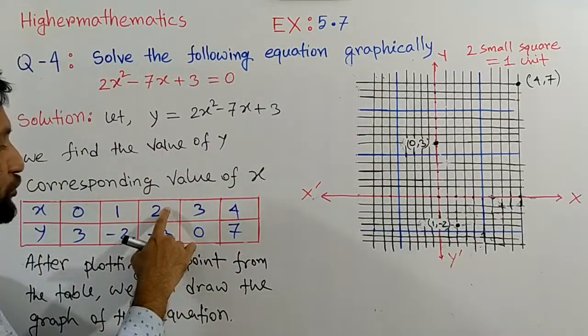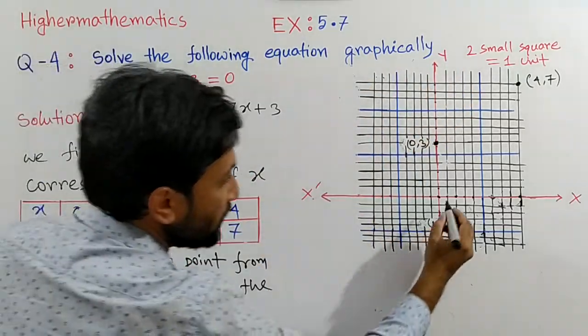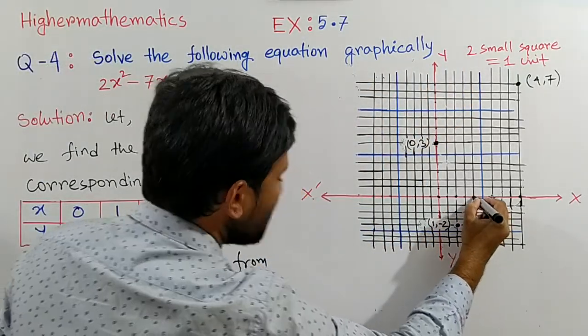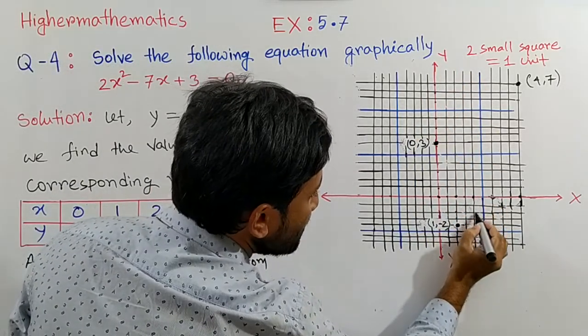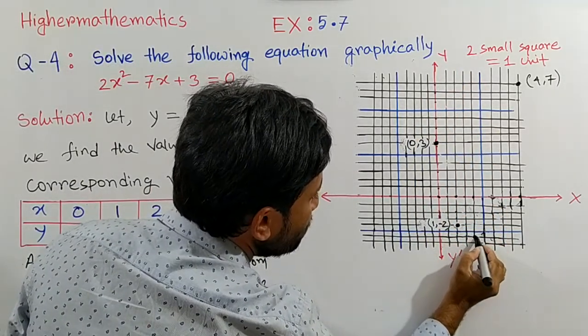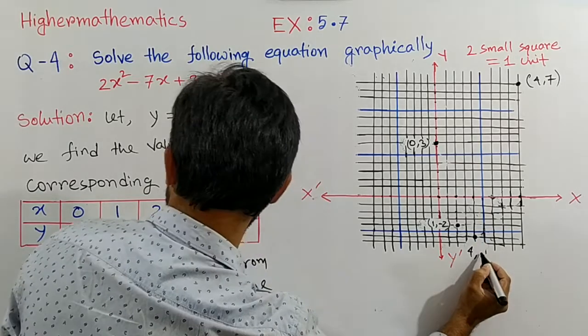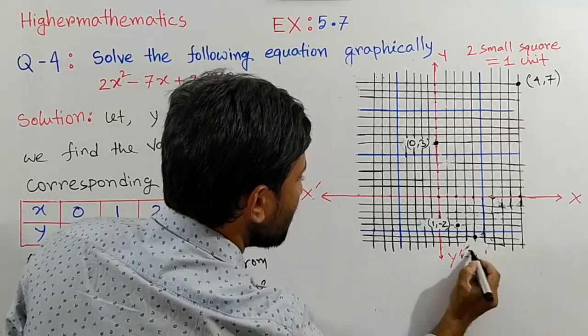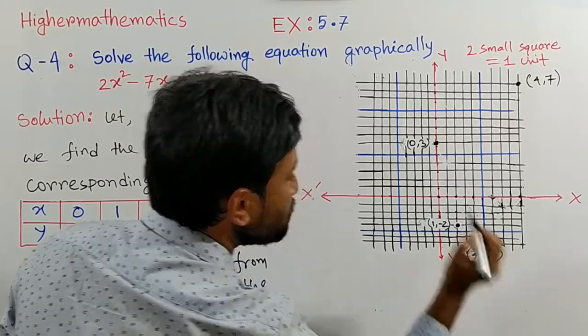The next point is (2, −3). 2 into 2 is 4, so the x-axis value 4 is here, and −3 into 2 is −6. So the point (4, −6) is here. Mark the point (2, −3).